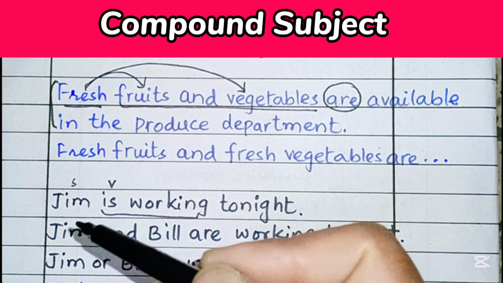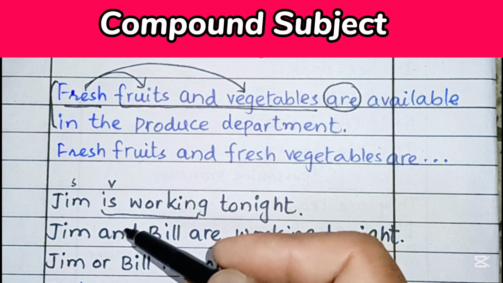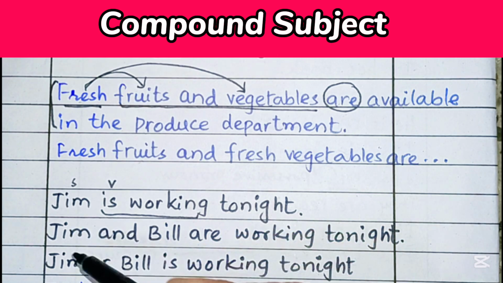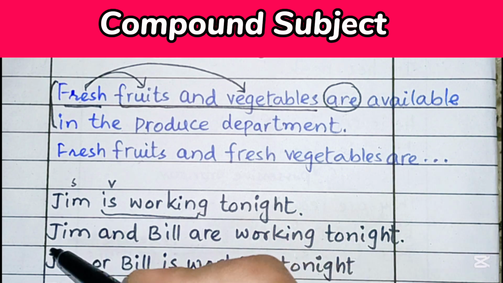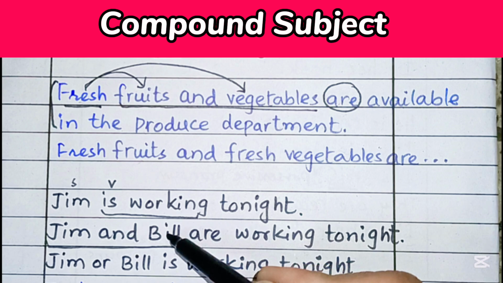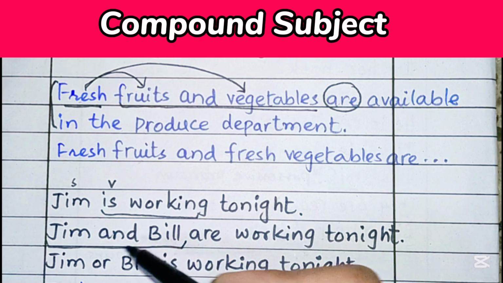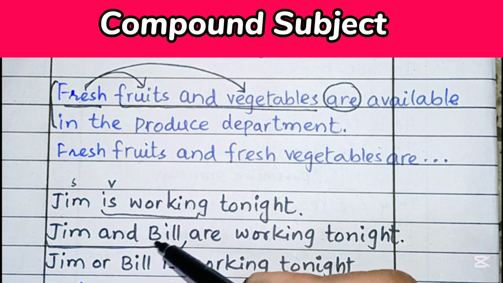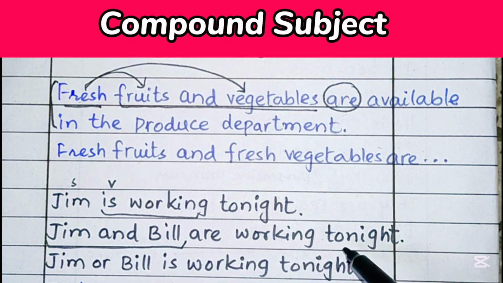We can use a compound subject and add another person. For example, Jim and Bill are working tonight. So over here, by adding and, we have added another person to make it a compound subject or a plural subject. Jim and Bill are working tonight.